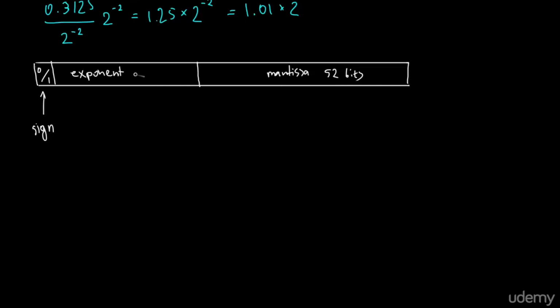Instead, what we do is we use something called a bias. And this part, by the way, is 11 bits. So we have 52 plus 11 plus 1, which is equal to 64. So essentially, the mantissa part is fairly obvious. The sign bit is fairly obvious, but the exponent and bias is a bit confusing.